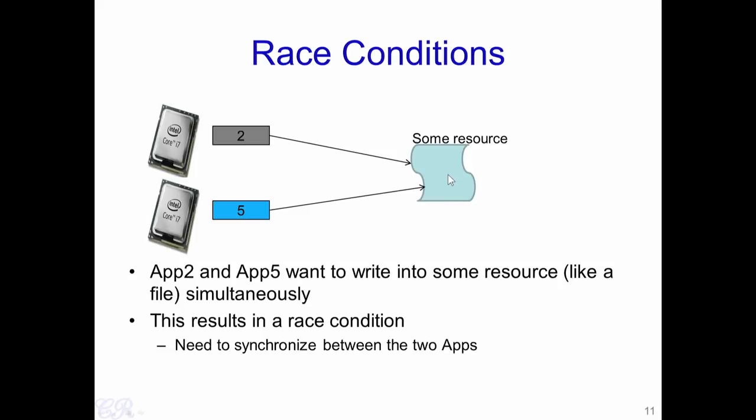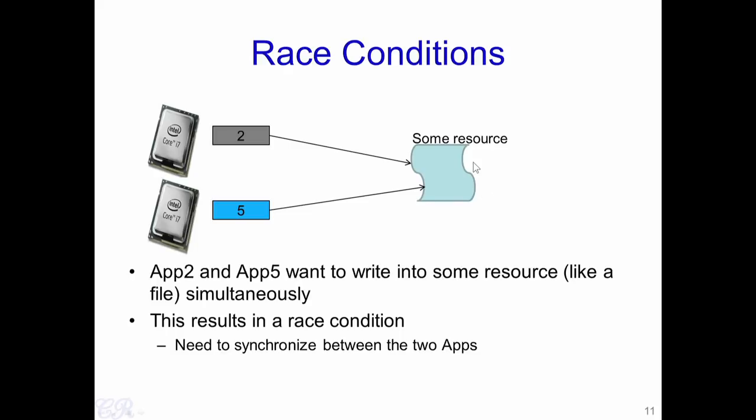For instance, let us say this resource is a particular file, or it could even be a device like a printer, and we have two applications, application 2 and application 5, that want to write or print something into this resource. So, both application 2 and application 5 want to use this particular resource.